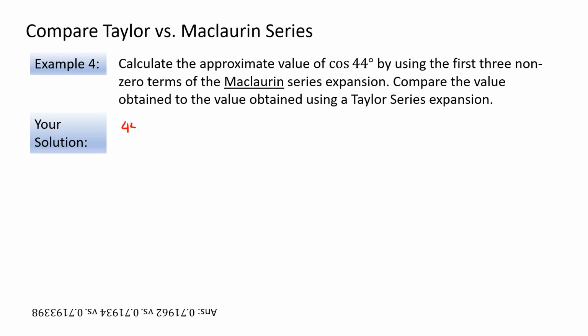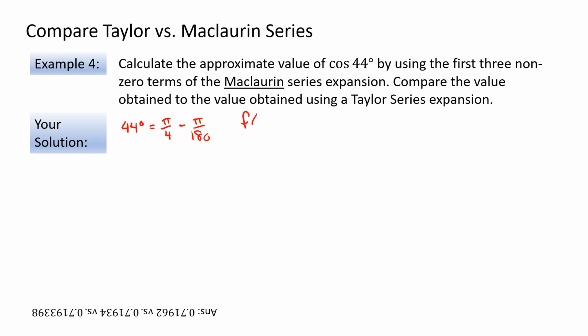But remember, 44 degrees was equal to pi by 4 minus pi by 180. The other thing is, if you do not have your formula sheet and you're trying to do this question, make sure you grab it, because the other thing is we know for cosine of x what the expansion is. So we're not going to derive it. Those expansions will be provided to you on the test.